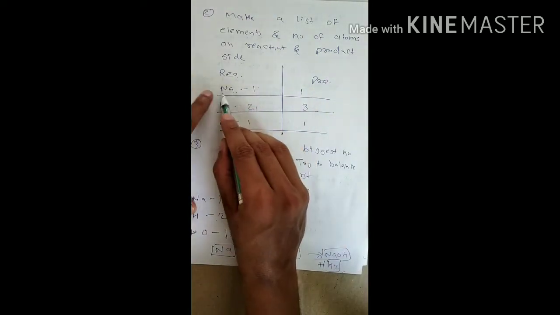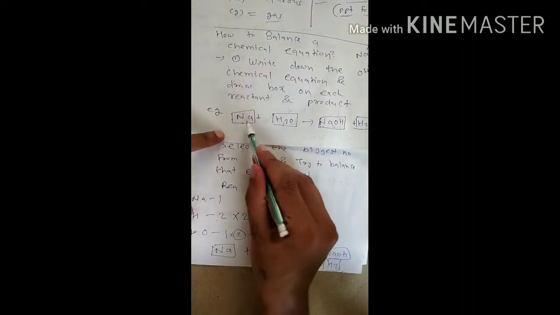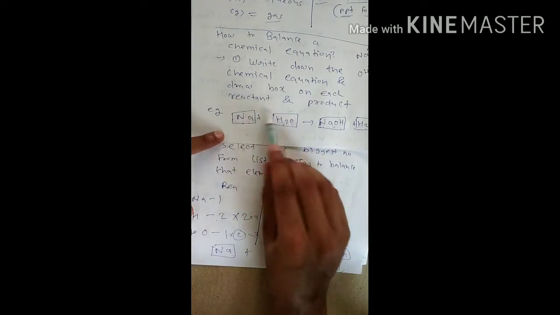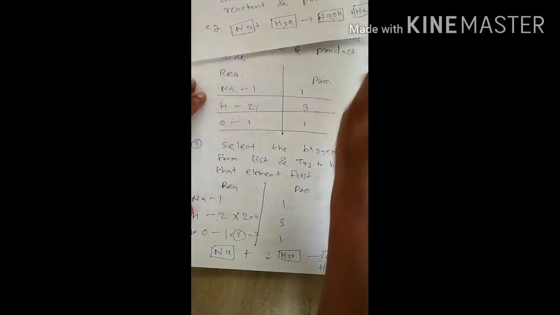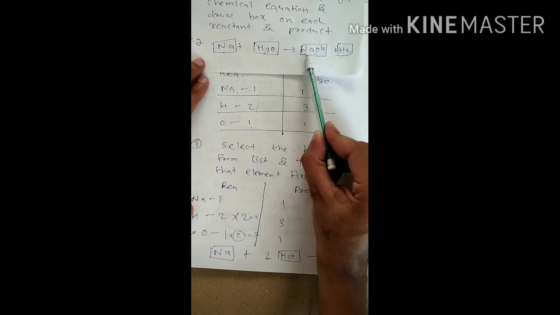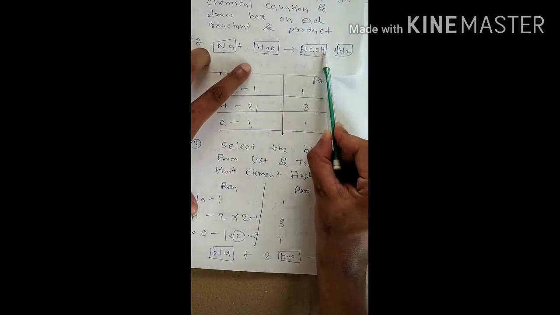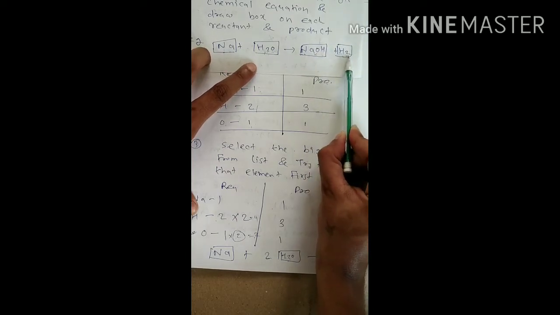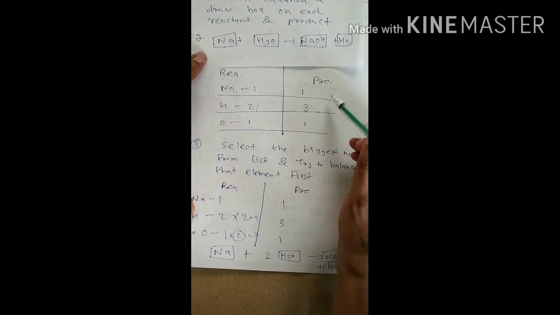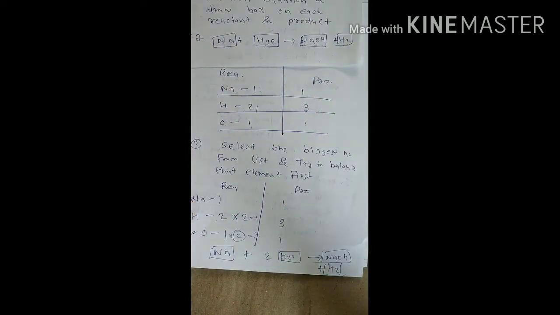How many atoms of sodium are there on the reactant side? You can see here sodium is 1, hydrogen is 2, oxygen is 1 on the reactant side. So here I have written 1, 2, 1. On the product side it is 1, 1, and hydrogen is 1 here plus 2 atoms here, so a total of 3 atoms of hydrogen. So you have to make a list like this.